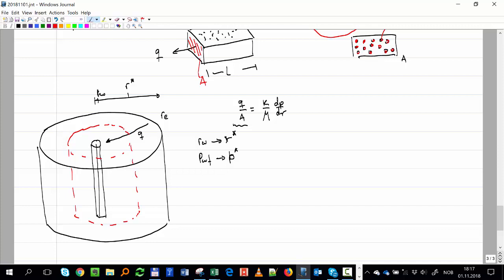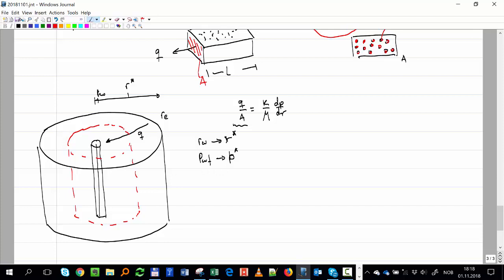Let's cut it and open it, like a piece of paper. The fluid is going through that towards the well, so that will be the area, and it will change depending on which radius I am at. It will be bigger and bigger the farther away I am from the well. So I cut it and open it, and that's the area that I have to put there.